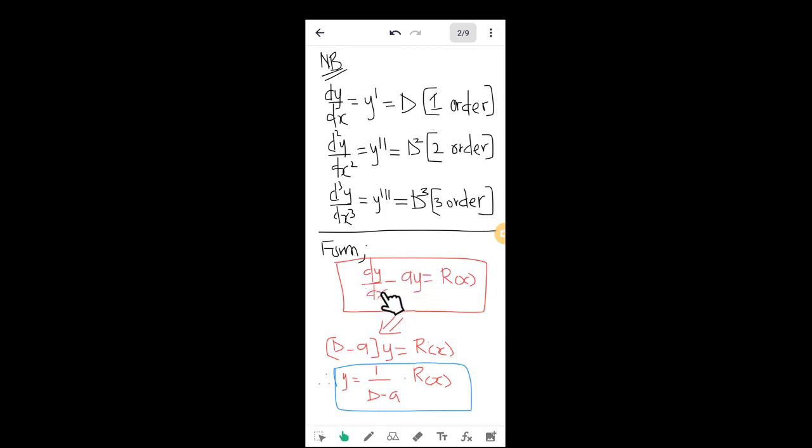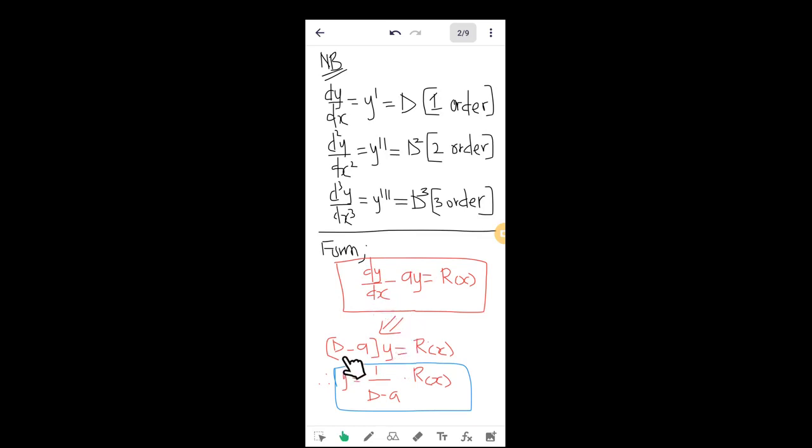So I'm going to get my D, that's the dy dx, minus a, factorizing my y out. Remember, this is dy dx, and this is minus ay. So it's d dx of a certain variable, and that variable is y.